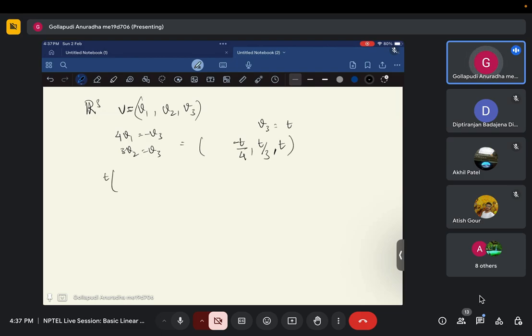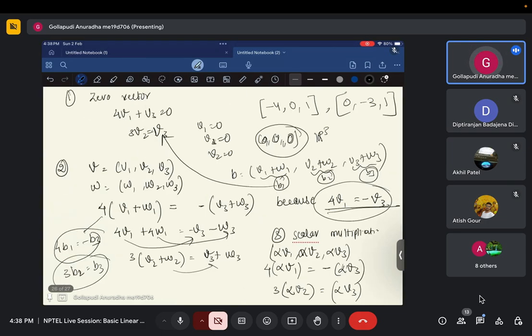So if I'm taking t out, by giving any value of t, I can get all the vectors in the vector space, and this is the basis. Only one basis vector I have, so the dimension is 1.